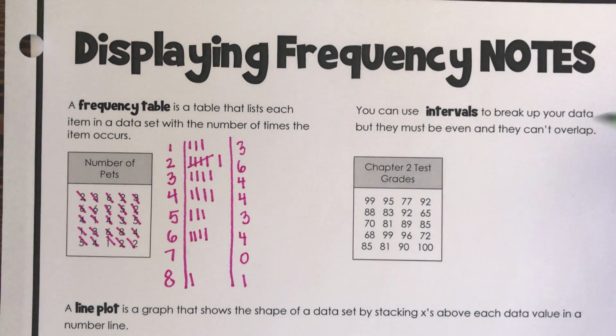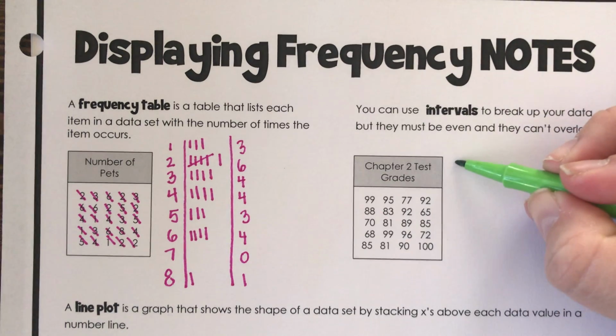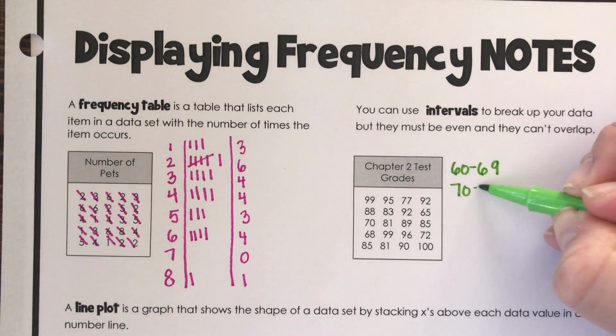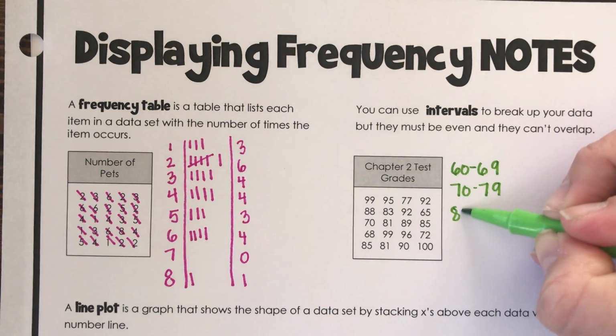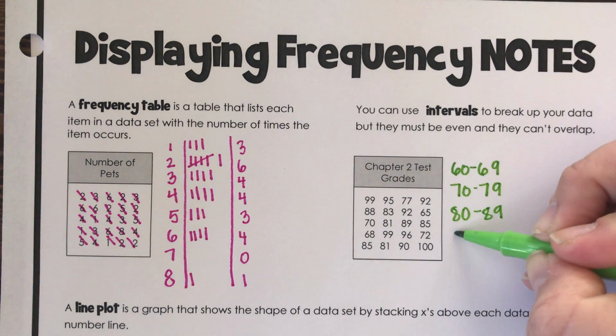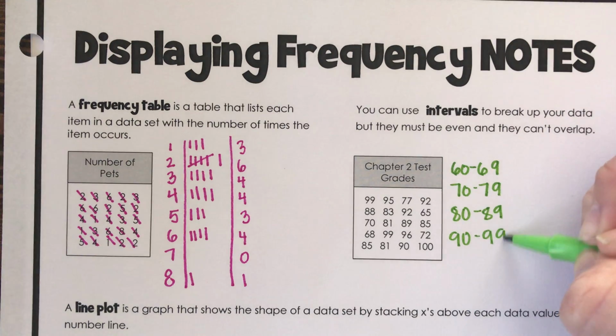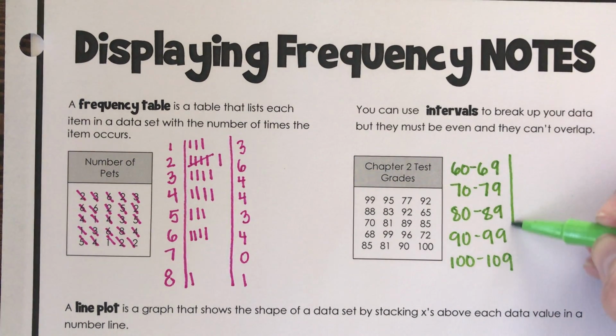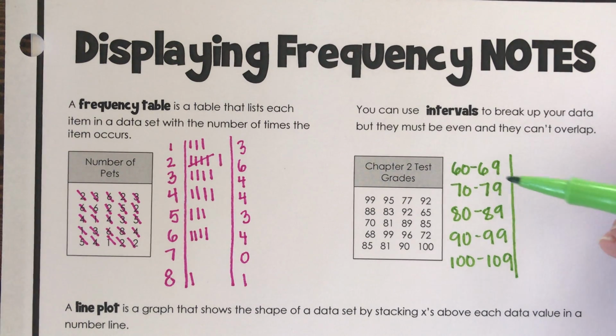So for example, I have grades that are in the 60s, the 70s, the 80s, the 90s, and then 100 and above, 100 to 109. That's how I'm going to set up my intervals. Nothing is overlapping.